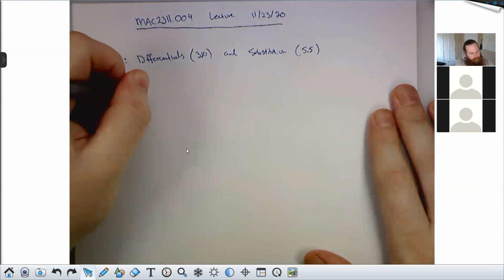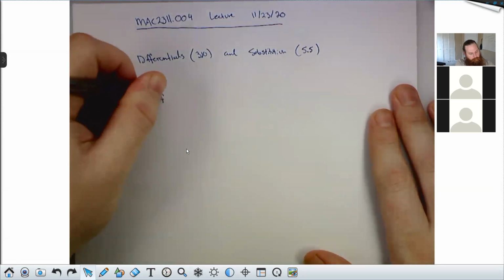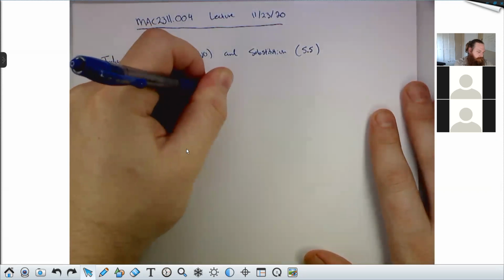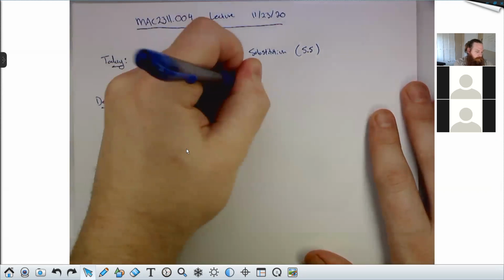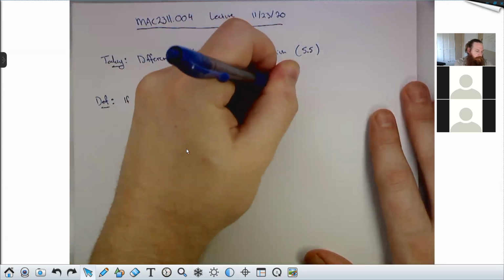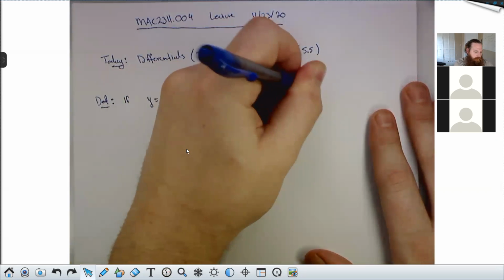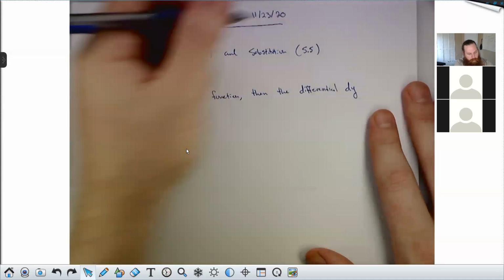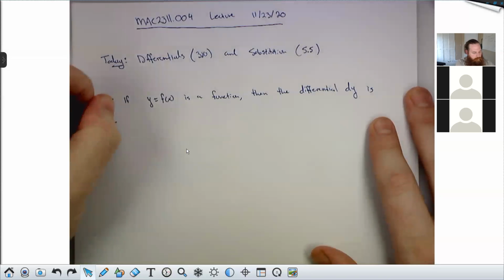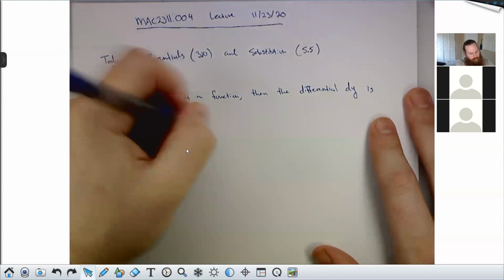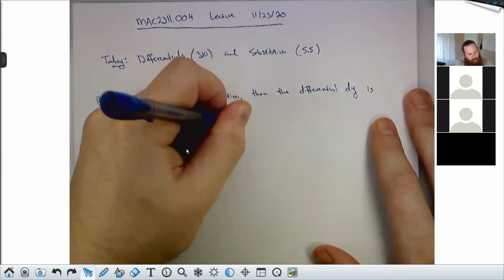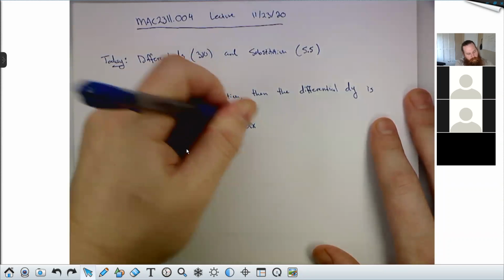If y equals f of x is a function, then the differential dy is defined to be dy equals f prime of x times dx.